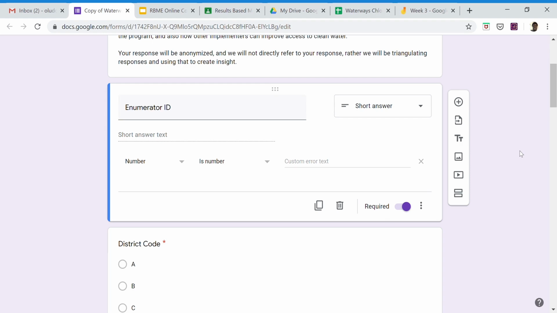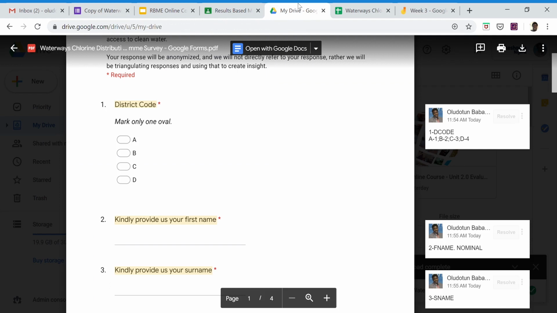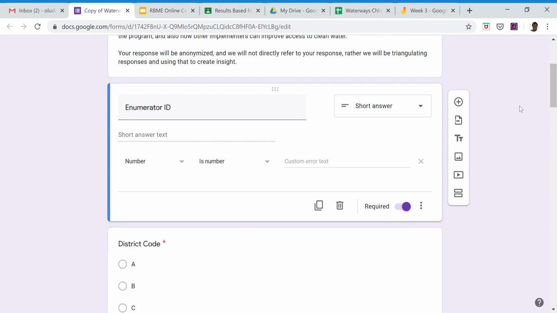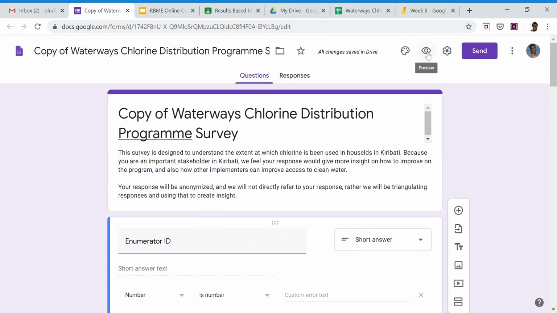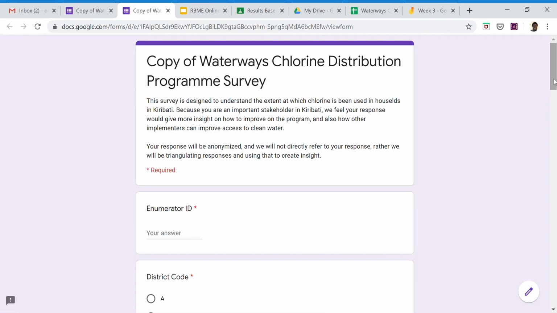Once they take this to the field in paper format, every day after coming back from the field, they are supposed to upload the questionnaire responses using this form.